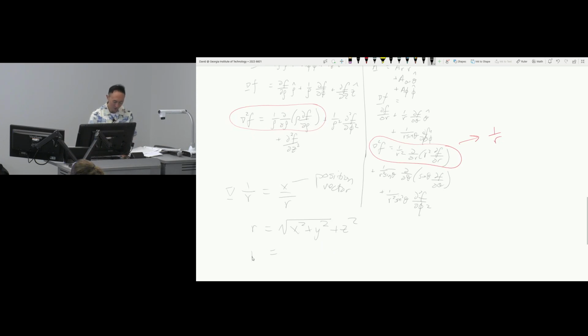We said r squared was equal to x_i x_i, which means the sum of all the components. That's the position vector, equal to x_i e_i. It's just the position vector.